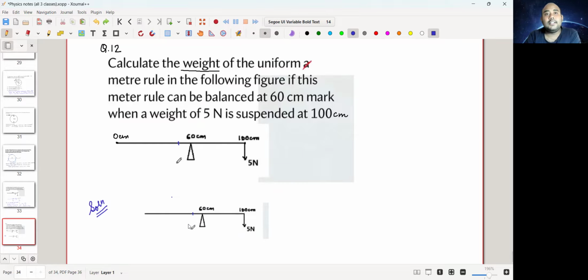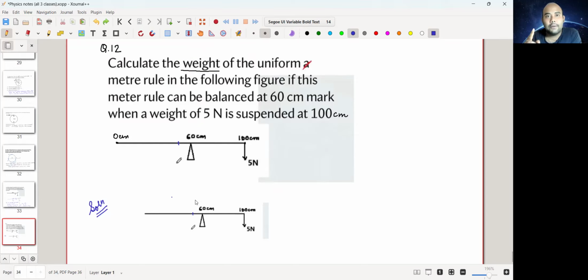But to counterbalance this clockwise moment, there should be another force which is producing an equal amount of anti-clockwise moment, because only then this rule can be balanced. So which force is producing the anti-clockwise moment? We are not able to see any force producing the anti-clockwise moment in the figure. So we know it. What is that? The weight of the meter rule.